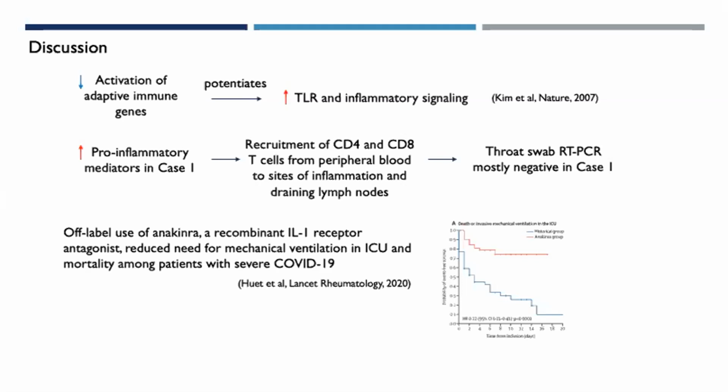And I think indeed, there's already been a Lancet Rheumatology paper in which they had used off-label anakinra, which is a recombinant IL-1 receptor antagonist, and they found that it reduced the need for mechanical ventilation in ICU as well as mortality among patients with severe COVID-19. However, of course, confirmation of efficacy will still require randomized controlled trials, in a setting that allows you to really dissect the efficacy properly.